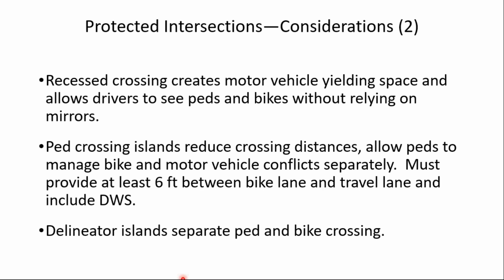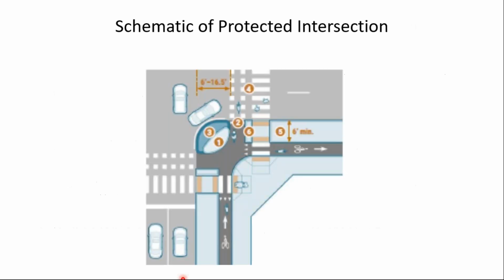There's recessed crossing to create motor vehicle yielding space and allows drivers to see pedestrians without relying on their mirrors. The pedestrian crossing islands reduce crossing distances, and you need to have at least 6 feet between the bike lane and the travel lane, and that needs to include detectable warning surfaces. And then there's delineator islands that separate pedestrian and bike crossing.